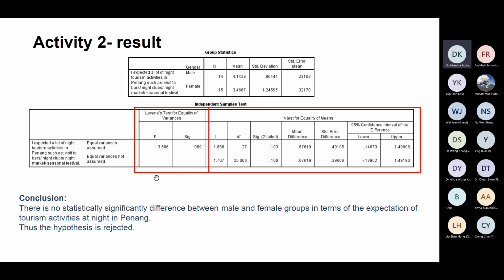Here, the significant level for two-tail is greater than 0.05, so we are looking into the first row of the result. We can tell immediately that there is no statistically significant difference between male and female groups in terms of the expectation of tourism activity at night in Penang. Thus, the hypothesis is rejected.